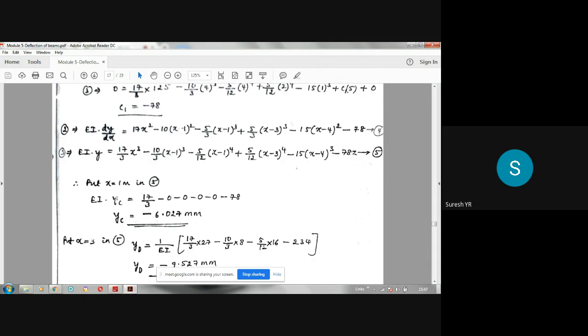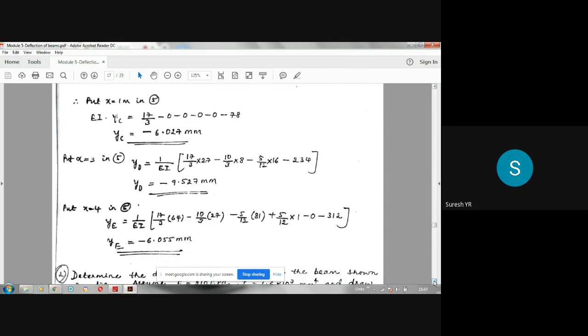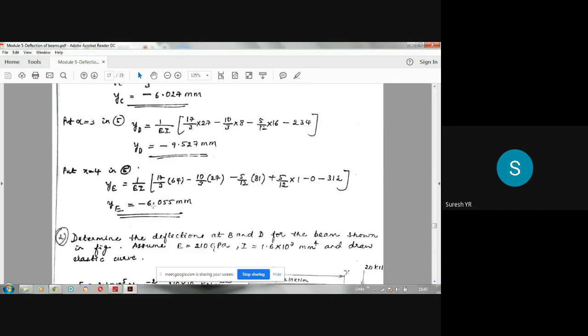If you simplify that, you will get y as minus 6.055. Check, divided by 12,000, this much minus should come. So minus 6.055 into 10 power minus 3 meter. Multiply into 1000 to get millimeters. So that is the deflection at E.